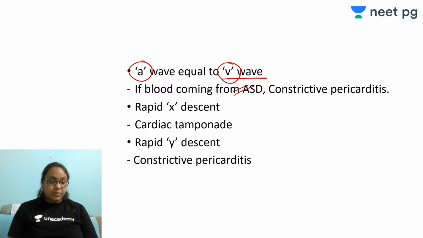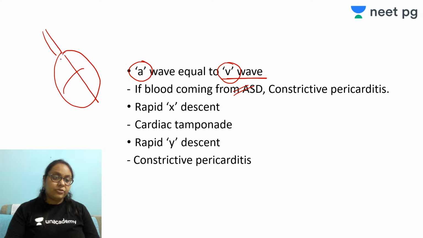Okay, Dr. Ehsan Ali is asking me where the CVP catheter position is in the heart. Dr. Ehsan, I'll just tell you. The CVP catheter is positioned just above the right atrium, at the junction of the SVC and the right atrium.